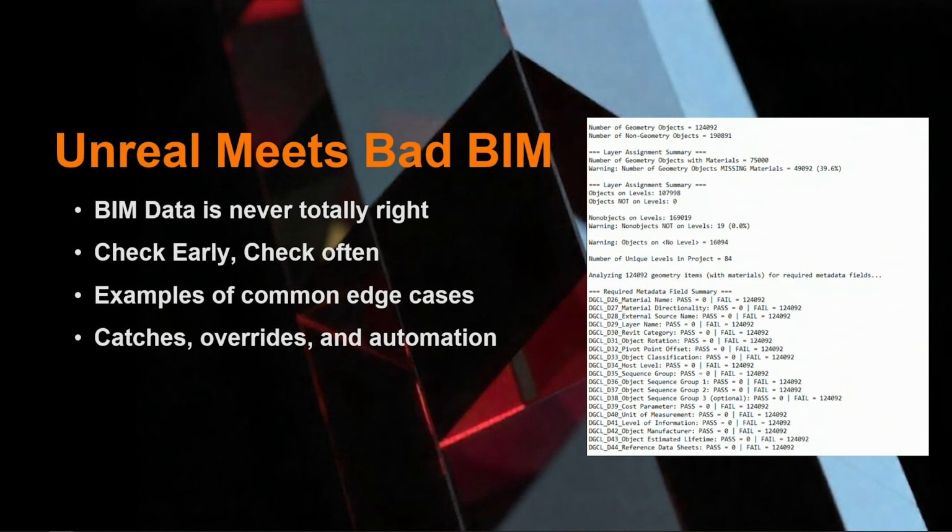So Unreal meets bad BIM. BIM has been around for a while now. It's well used in the industry, but unfortunately, BIM data is never totally perfect. It's never totally correct. So when that's coming into Unreal, you have to plan for all those different edge cases.